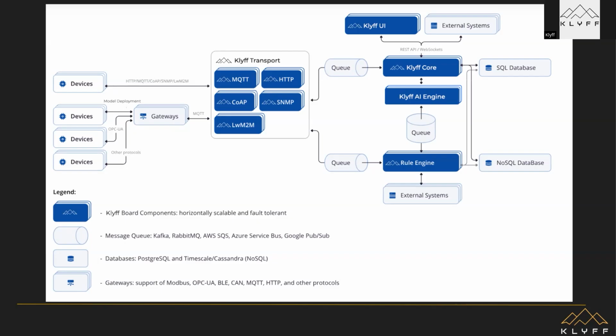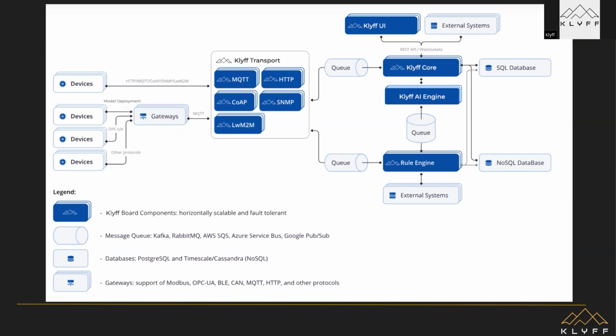Now, that does seem low, but that showcases the efficiency of the Klyff platform. Similarly, if you have 100,000 devices sending out 30,000 messages per second, your monthly cost is going to be in the range of $200 or less. Of course, you can host it on your own and deploy it on any cloud that you like. So it is pretty flexible from that perspective.